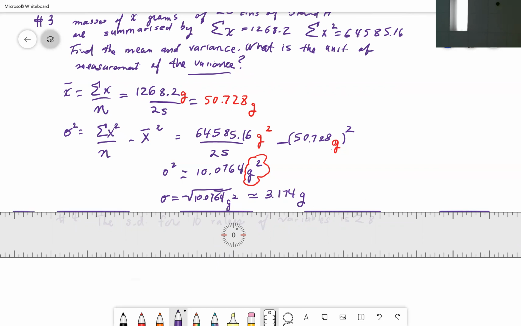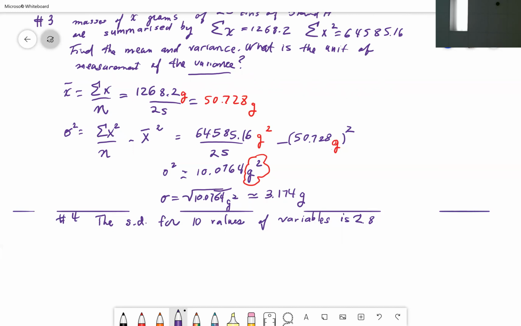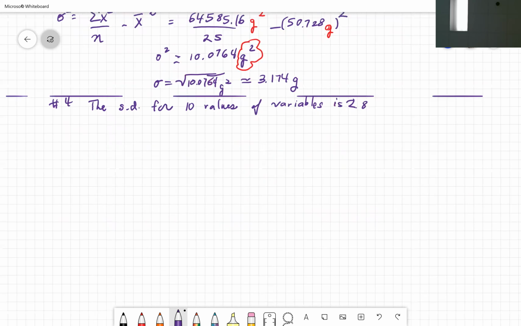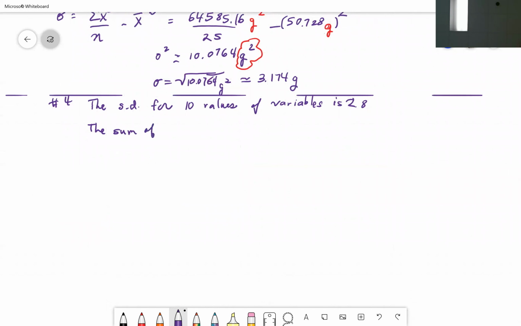You try it on your own, you look at the video if necessary, but you try it on your own. Then it says the sum of the squares of the 10 values is 92.8. Find the mean of the 10 values.